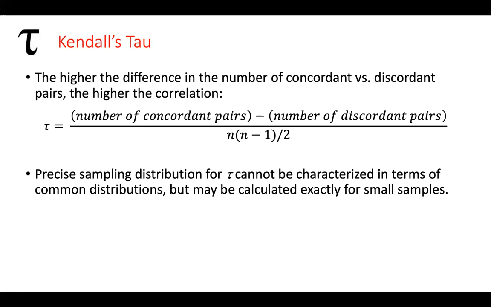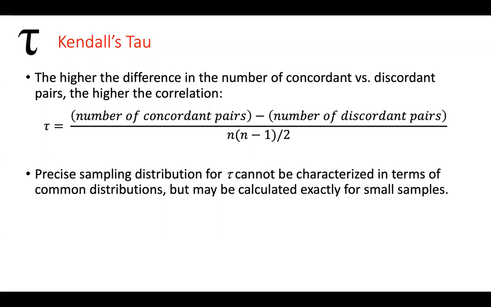That's the idea. In terms of the sampling distribution, the precise sampling distribution for tau cannot be characterized in terms of a common distribution. So we cannot use the standard normal distribution or t-distribution, but it can be calculated exactly for small samples.